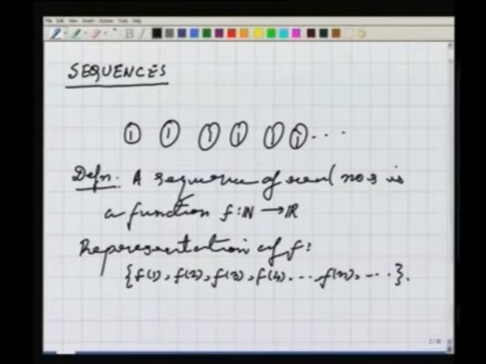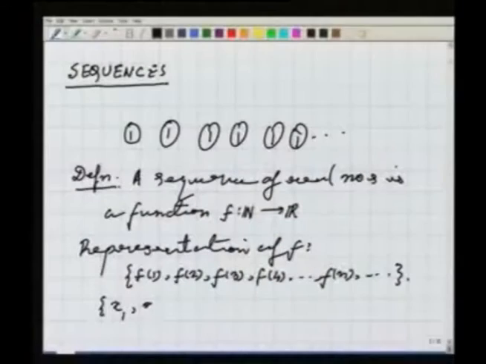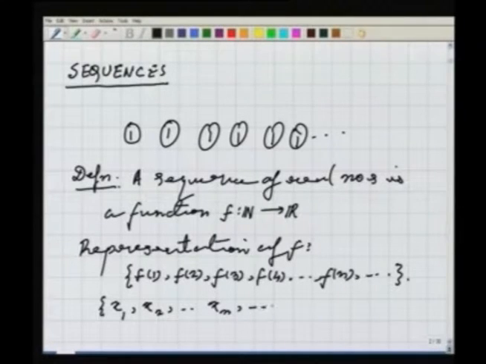Another symbol we use for this, which is exactly analogous, is x1, x2, xn and so on. The connection is xn is equal to fn. All these things will be extremely clear once we look at examples. So, let us turn towards examples.